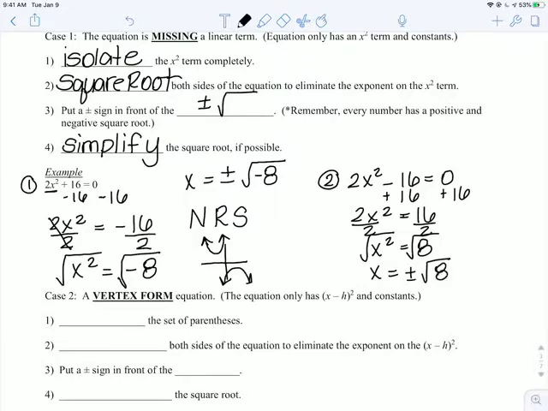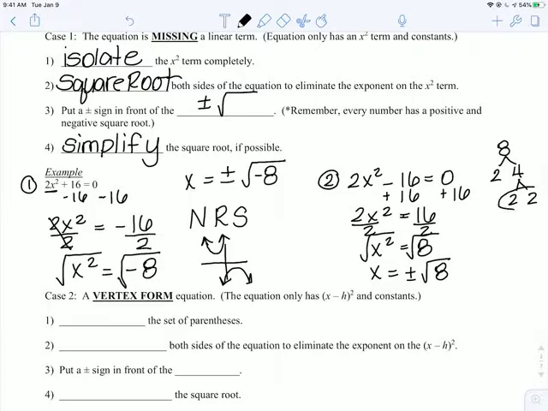If you'll remember from our work with simplifying radicals, we can take 8 and break it down a little bit further by prime factorization. 8 is 2 times 4, and 4 is 2 times 2.